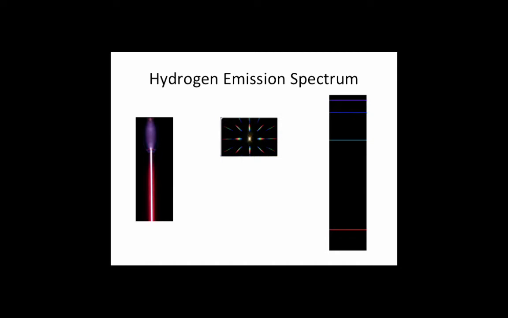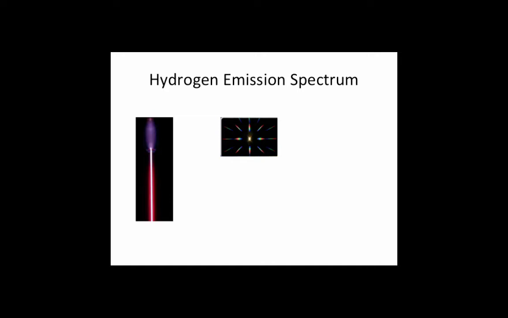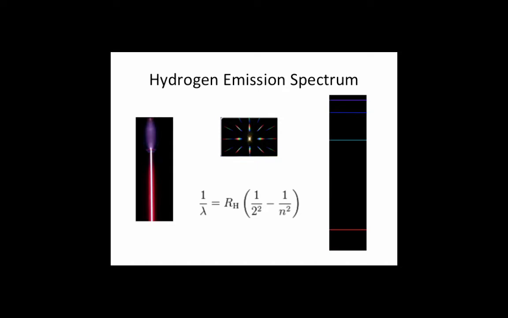In about 1885, Johann Balmer came up with the idea that he could model the wavelengths of these lines with this equation.